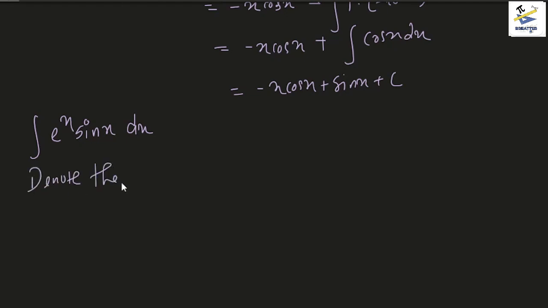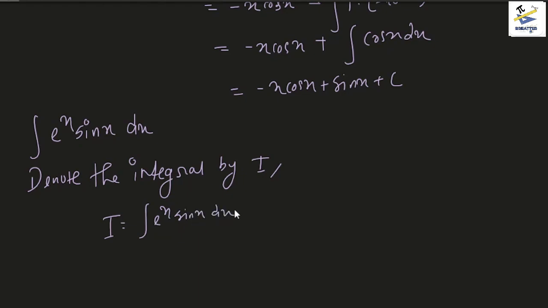Denote the integral by I. Then I is equal to integral of e to the power x sin x dx. Now if you remember in the rule ILATE, E, that is for exponential functions, came last. So obviously e to the power x is going to be the second function here, and sin x is going to be the first function.